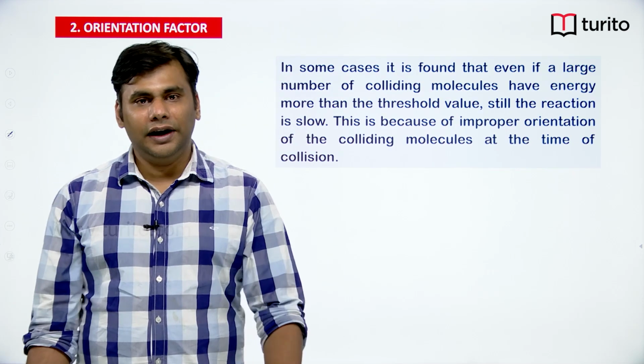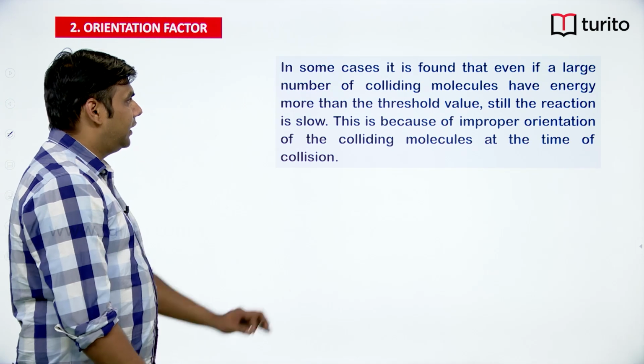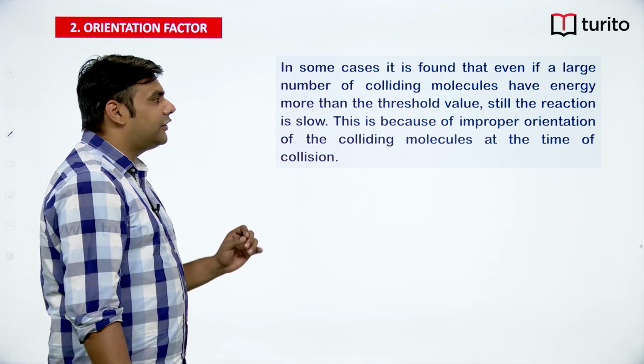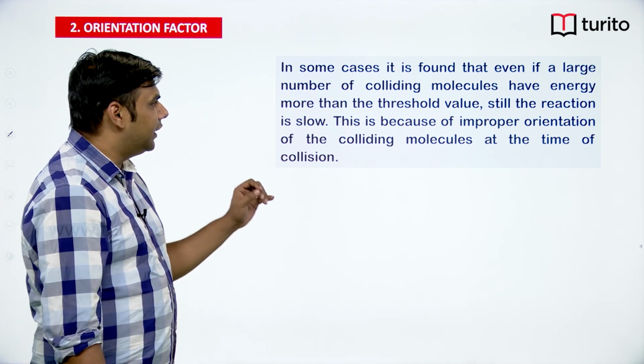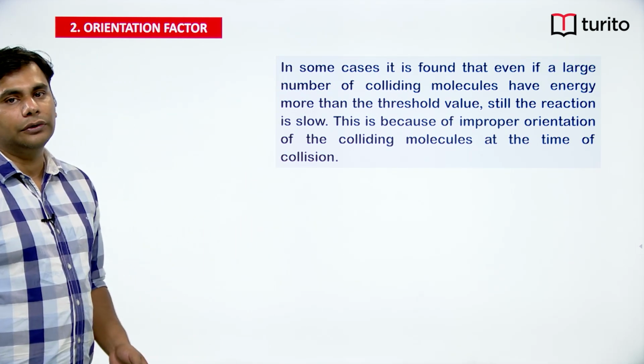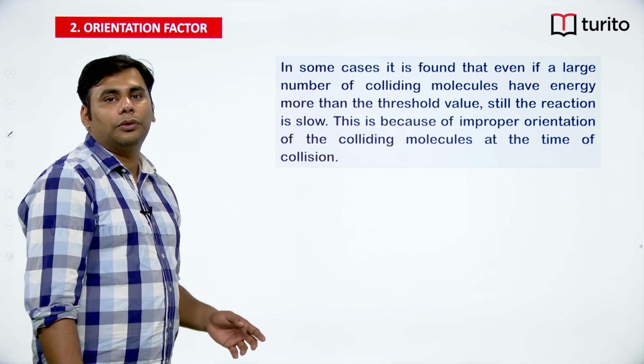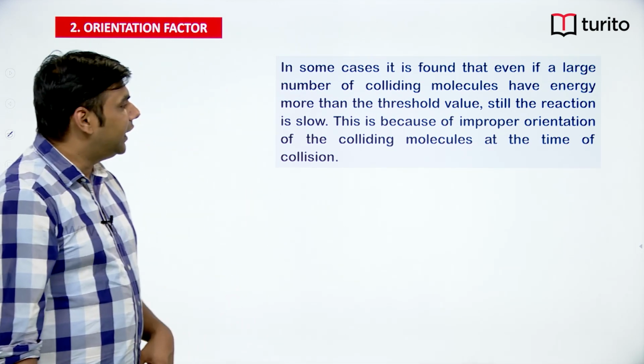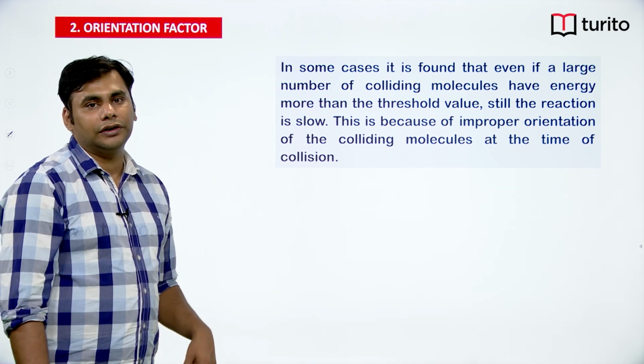Let us understand what it is. In some cases, it is found that even if a large number of colliding molecules have energy more than the threshold value, still the reaction is slow. This is because of improper orientation of the colliding molecules at the time of collision.